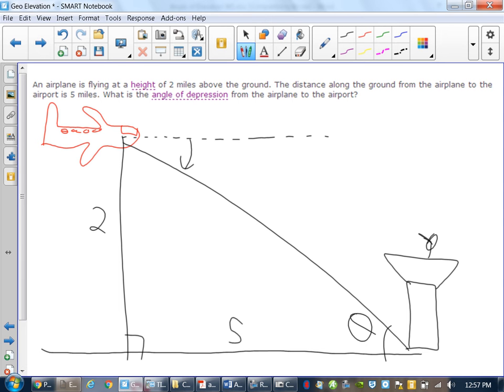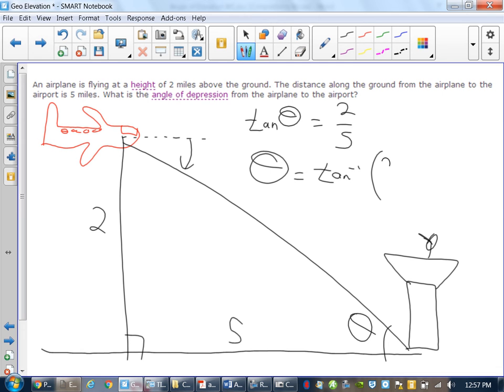Now I need to find the angle, because it's asking to find the angle of depression. So the tangent of theta, remember it's just my angle, is 2/5. What do you write that out as to get it by itself? Inverse. Very good. Theta equals the inverse tangent of 2/5.